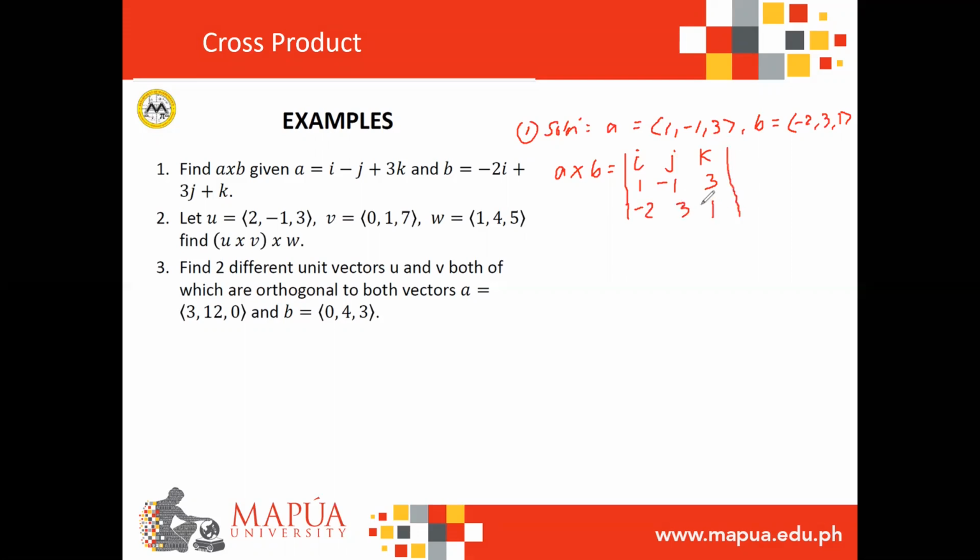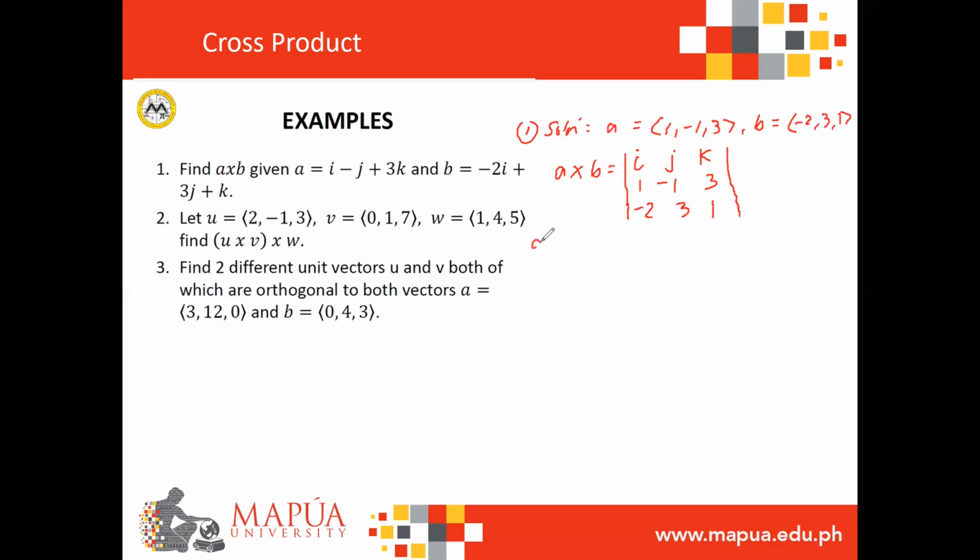By the way, there's another alternative that you can use if you're not familiar with cofactor expansion, and that is using the basket method. And what is this basket method? We just copy the first two columns and place them here. But I'll show it to you later. So let's first use the cofactor expansion.